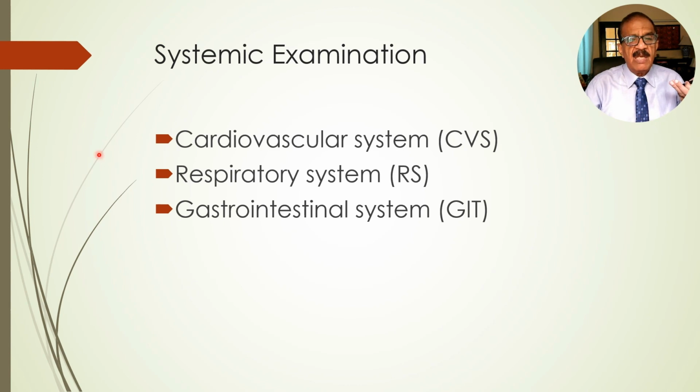So there is a differential diagnosis. Then of course, if suspected, you auscultate the abdomen for bowel sounds. If somebody has intestinal obstruction, you will hear loud sounds, sometimes audible without the stethoscope. We call these borborygmi.